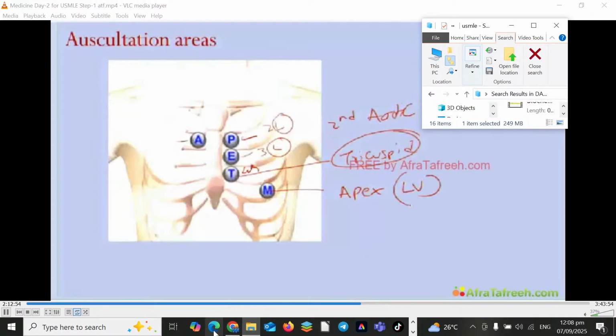So that is the mitral area, because the mitral sounds would be best heard here, the tricuspid sounds here, aortic, pulmonary, second aortic. This is your auscultation area. In your questions, you would be asked to take your stethoscope from A to P to E to T to M, and maybe sometimes on the carotids also.